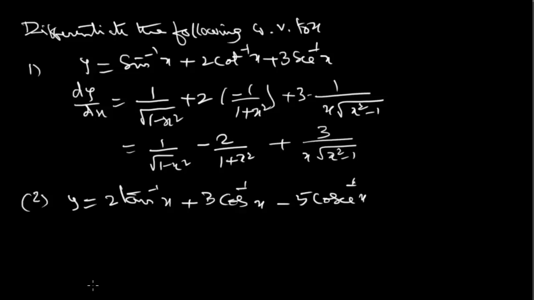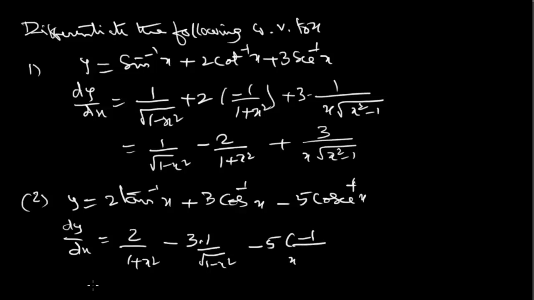That means all the formulae we are covering. dy by dx is equal to 2 into the differentiation of tan inverse x, which is 1 by 1 plus x squared, plus 3 cos inverse x, which is minus 1 by root of 1 minus x squared, minus 5 into cosecant inverse x, which is minus 1 by x into root of x squared minus 1.